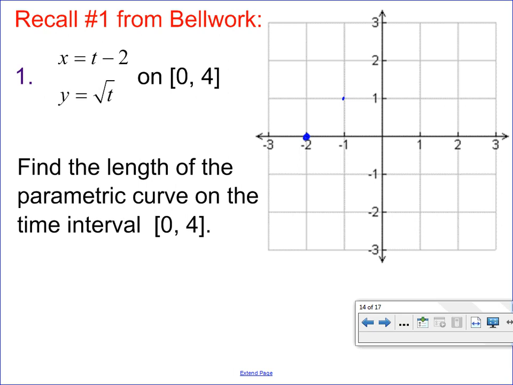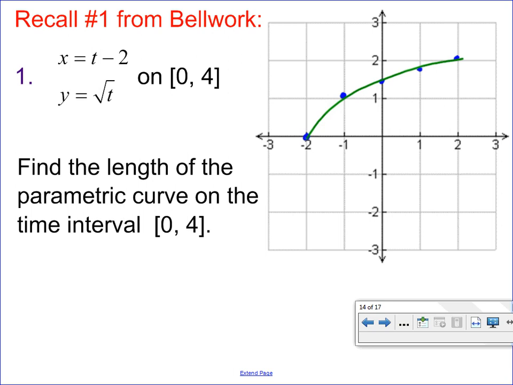And -1 comma 1, and 0 comma root 2, and 1 comma root 3, and 2 comma 2. And so from our Bellwork, we had this sideways parabola, half of a sideways parabola, and we're going to now get the exact length of this curved path.